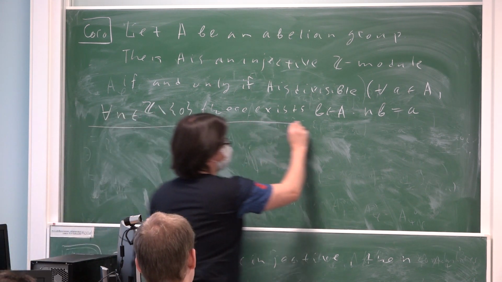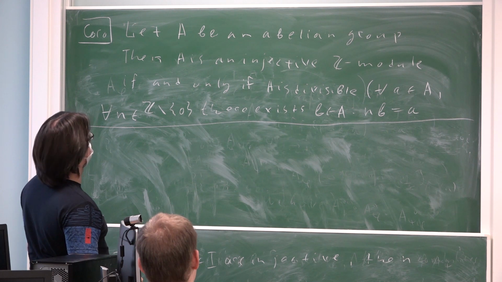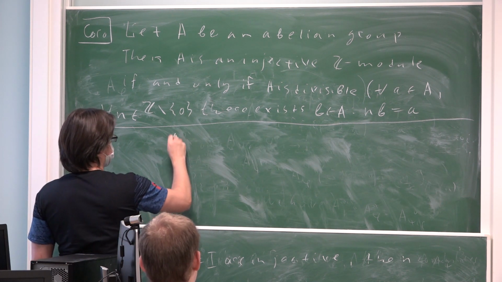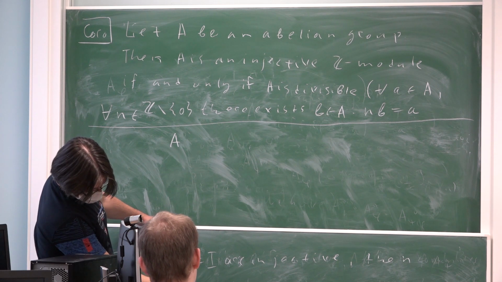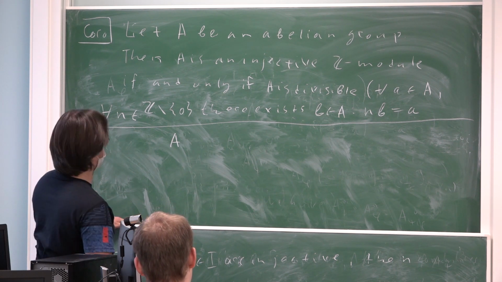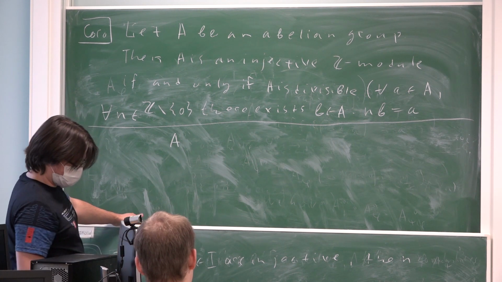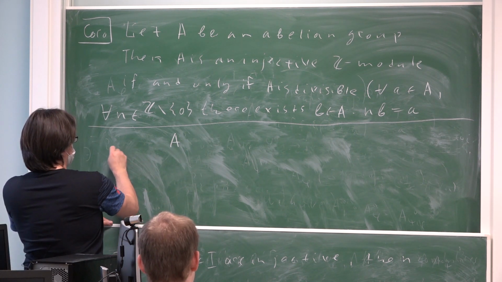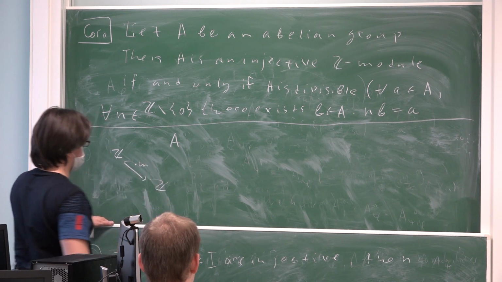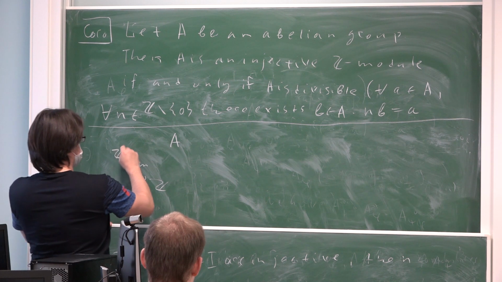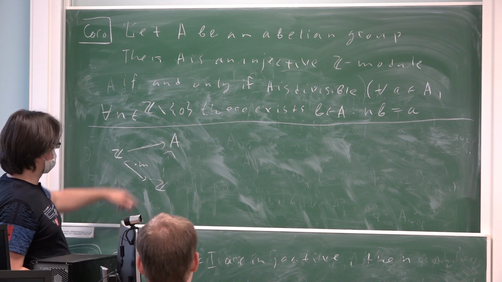Well, the corollary is clear because to state that A is injective, we need to be able to continue any map of any inclusion of an ideal of Z to A, any map from some ideal of Z to A, but any ideal of Z is Z. Yes, so if we have here a map of this form, then for any map from Z to A here, we have to have a map from Z to A here, such that this triangle commutes.